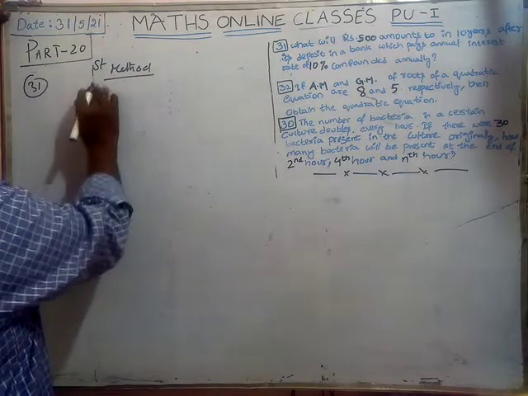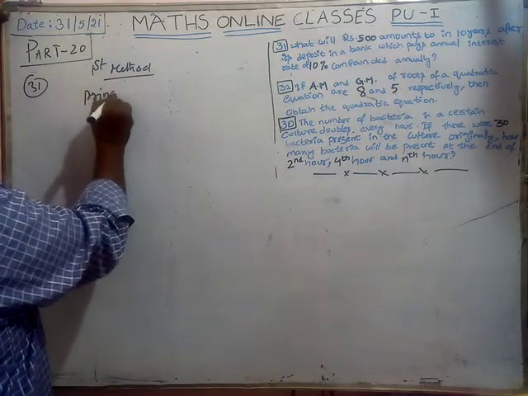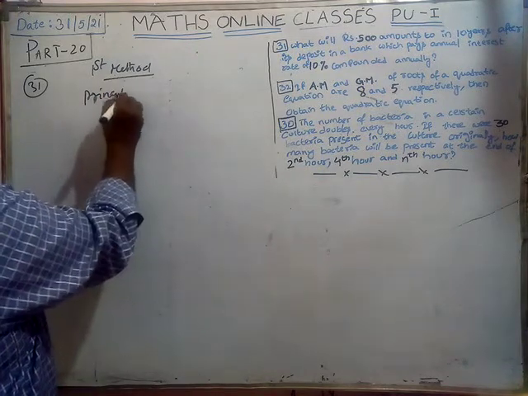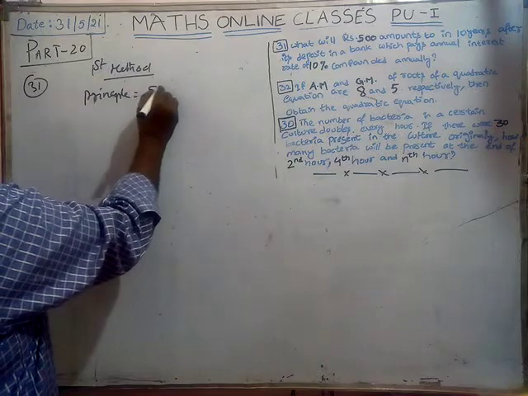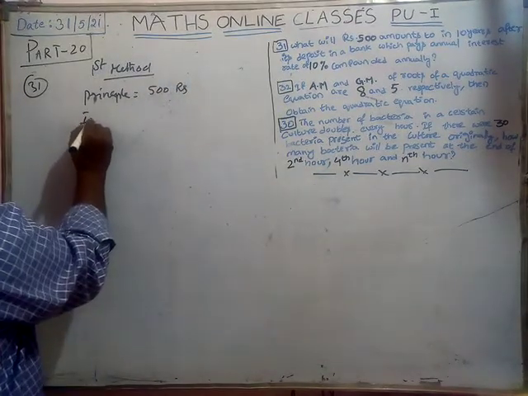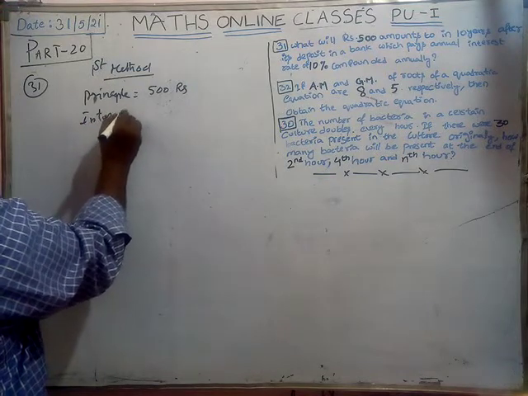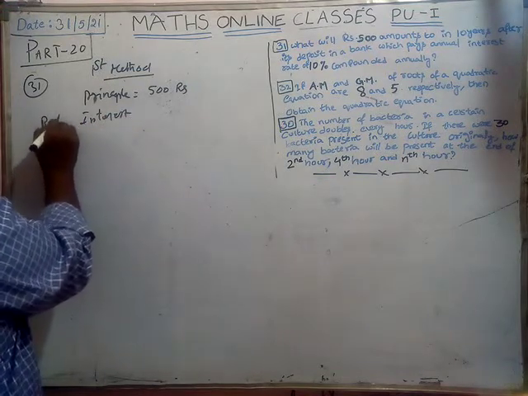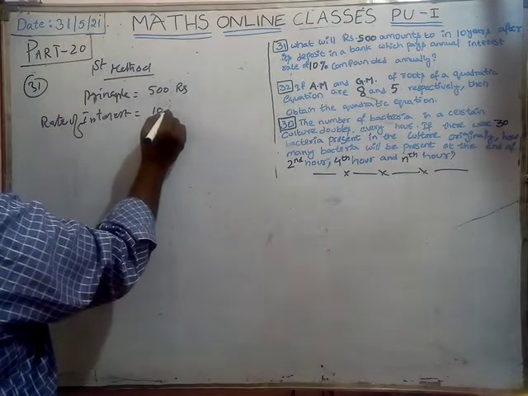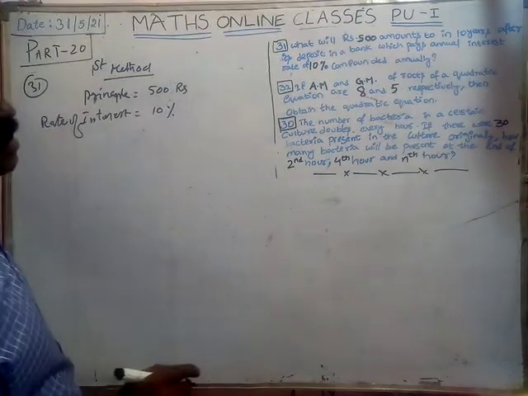the principle. Now the principal amount is 500 rupees. Now the rate of interest is equal to 10%, 10% per 100.